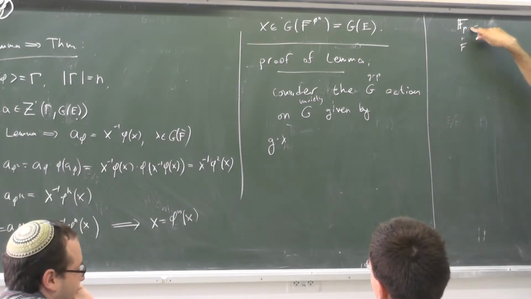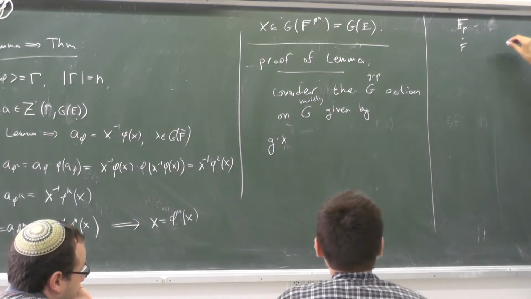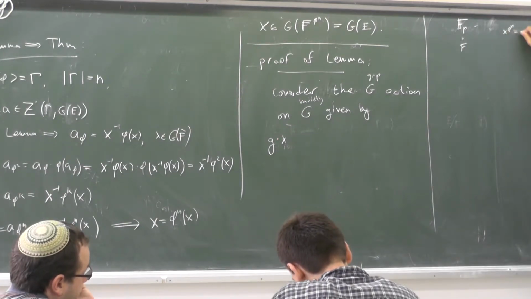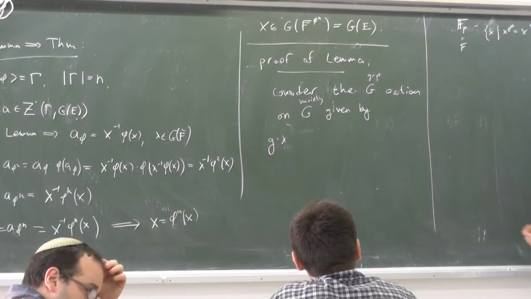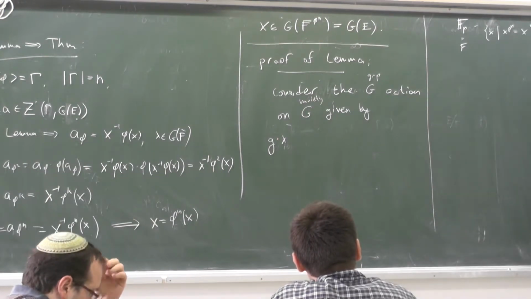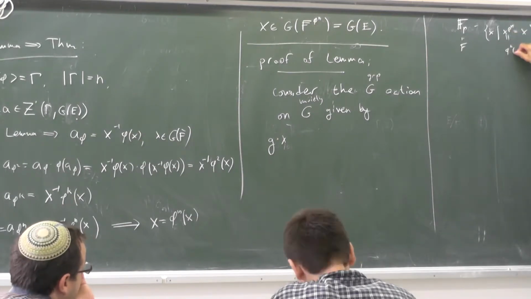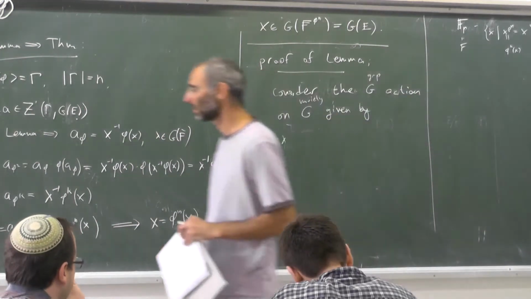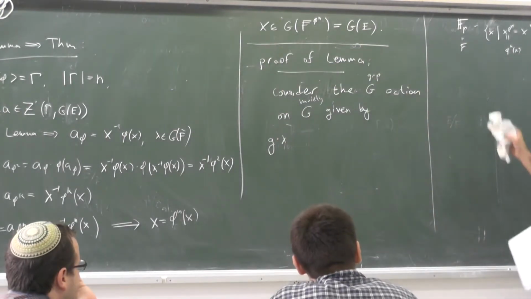The extension of F_p of degree n is exactly the fixed points of x to the p to the n. This is a field extension, the unique one of degree n of F. Right. So it's exactly this thing, the fixed field. Okay, confusion solved.